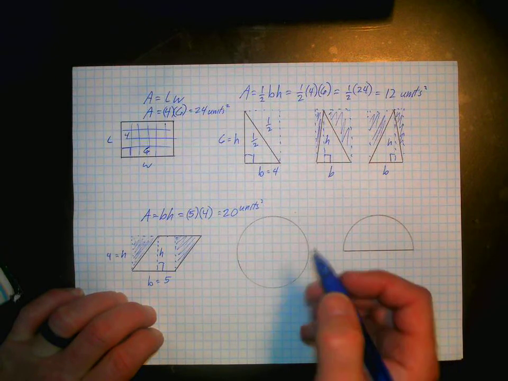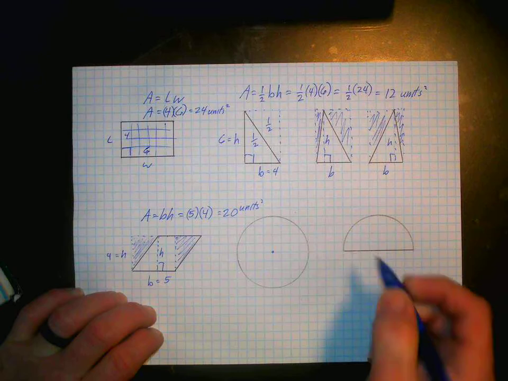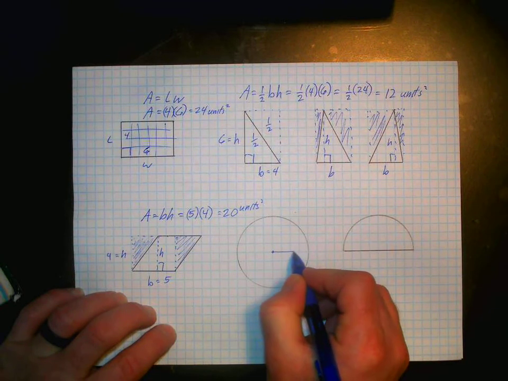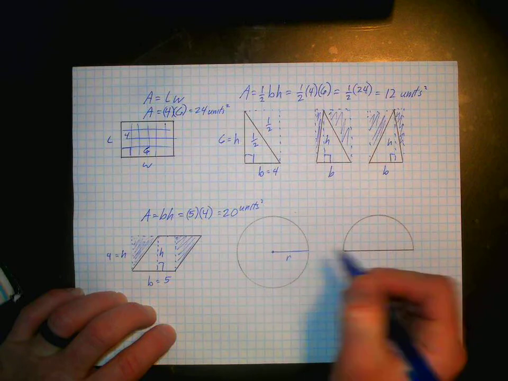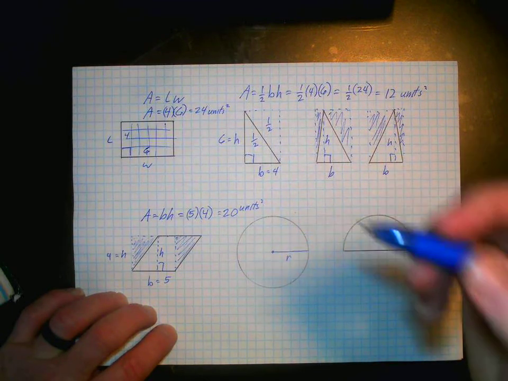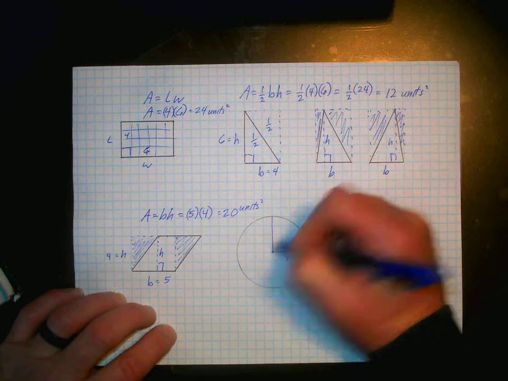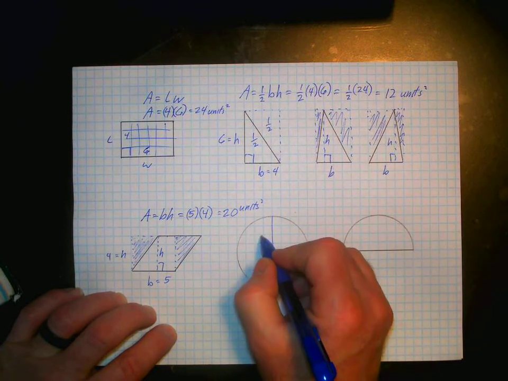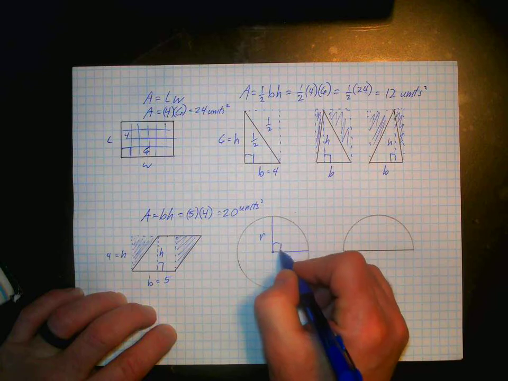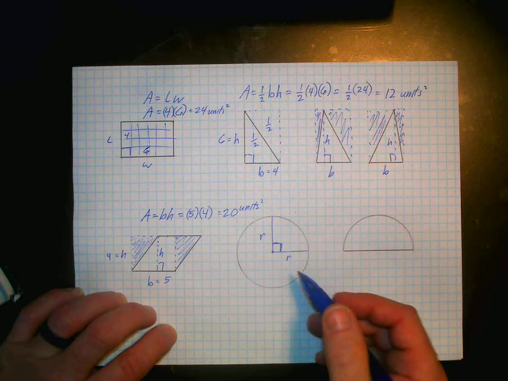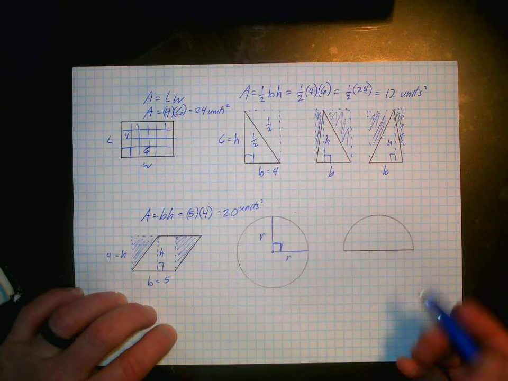So what we're going to do is make a perpendicular relationship by looking at the radius and squaring the radius. So we're actually going to take the radius and multiply it by itself. And that creates a perpendicular situation.